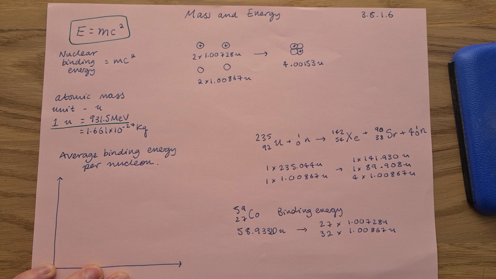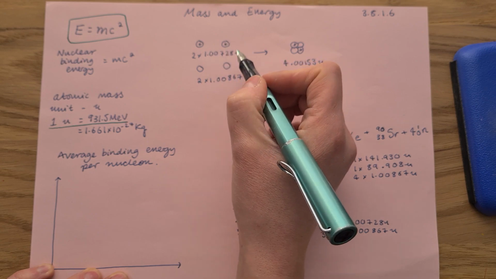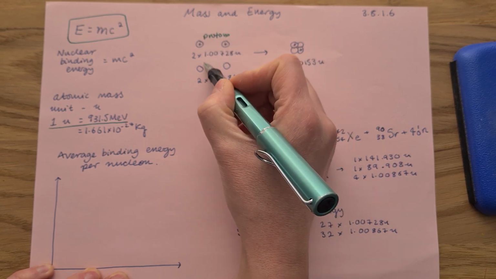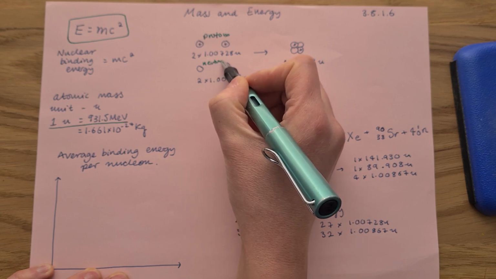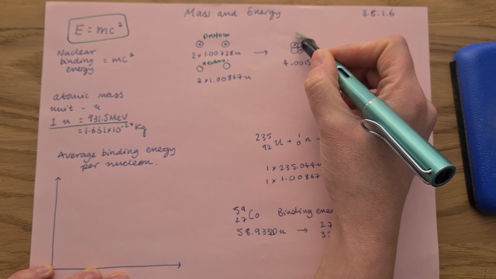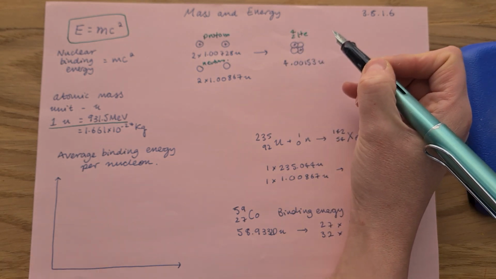Now, this is how we would calculate the binding energy of an alpha nucleus. We take 2 protons here because that's what the alpha particle is made of, 2 protons and 2 neutrons, and then they form the alpha particle, or the helium nucleus, helium-4-2.